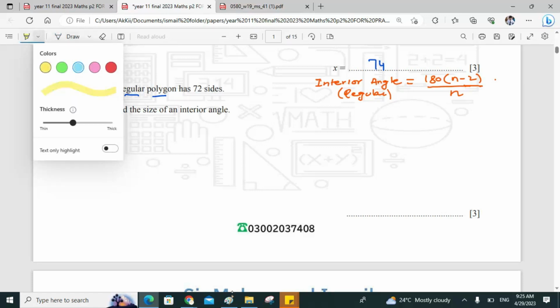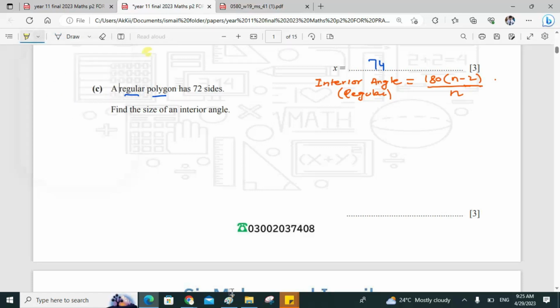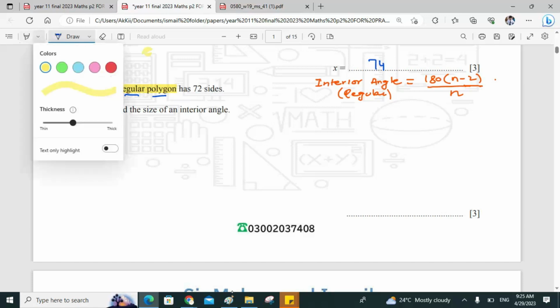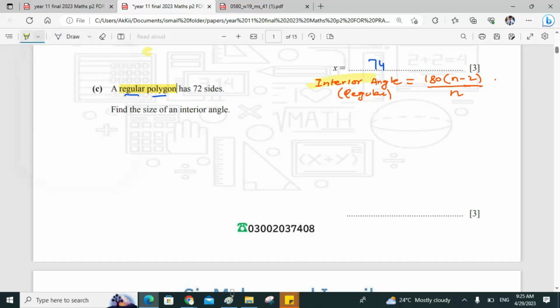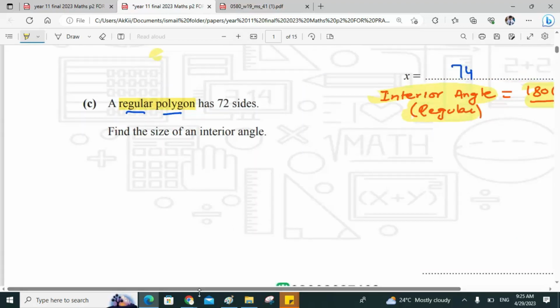By the way, always remember, beta, that when the words regular polygon are written, it has many hints in it. So here is the formula which you need to know, which you are going to use. Just read it aloud so that you can remember this.